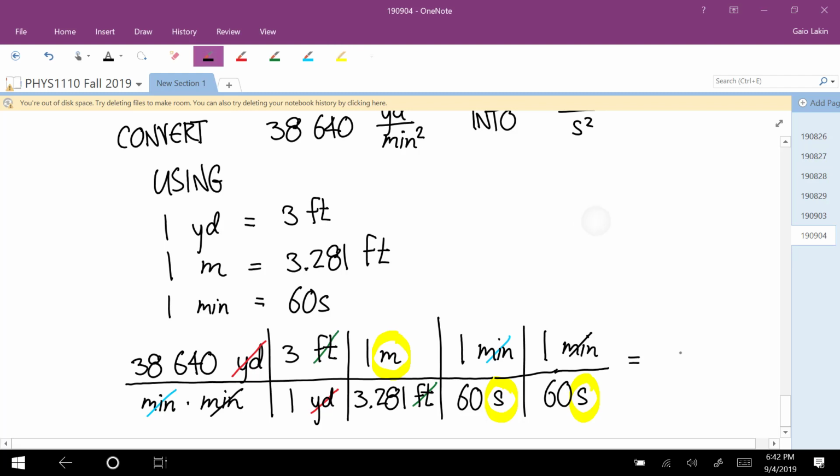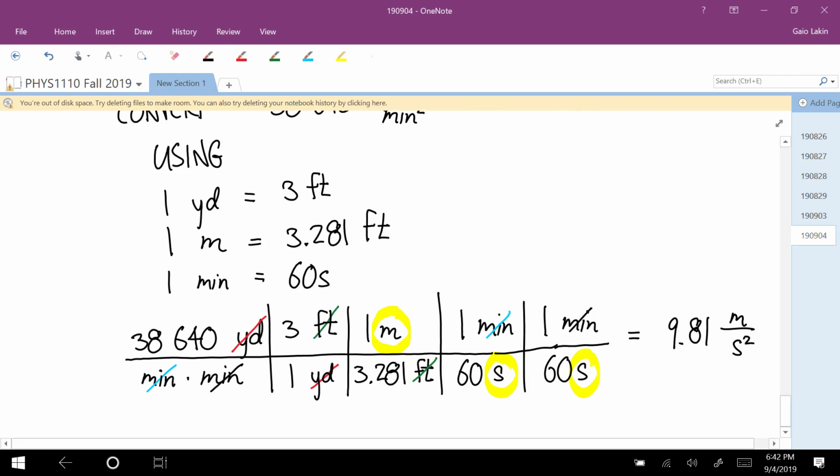And you get 9 point, I think actually you don't get this because I rounded some of this stuff off, but what I wanted to get was 9.81 meters per second squared. This is the first time that you see this important quantity that's going to play a big role in this class.